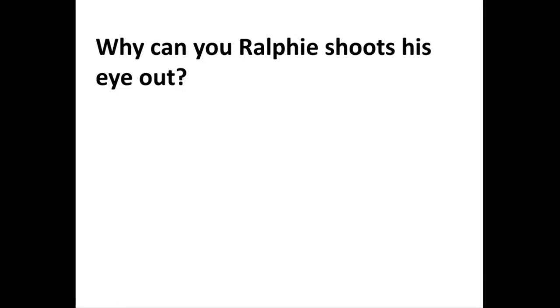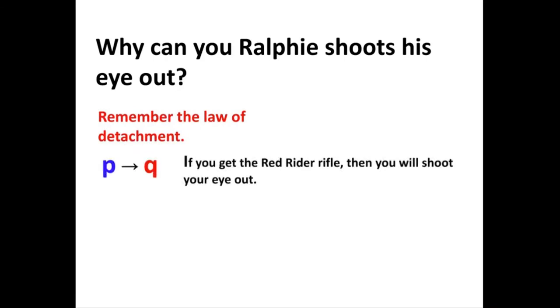Now, looking at it with symbolic notation, let's go back and look at our law of detachment here. My original conditional was, if you get the Red Ryder rifle, then you will shoot your eye out. Now, the question is, is this statement about Ralphie getting the rifle logically identical to my original hypothesis?